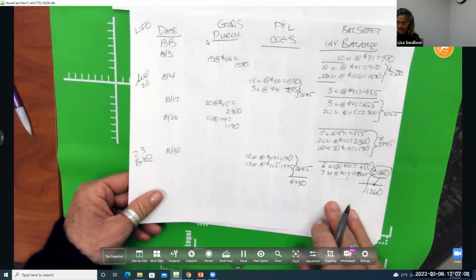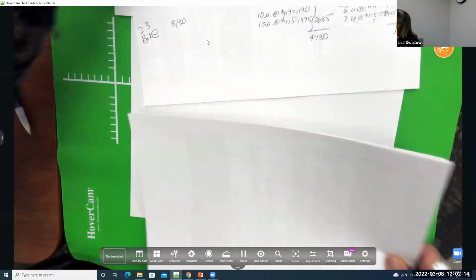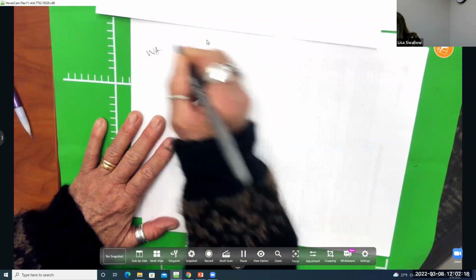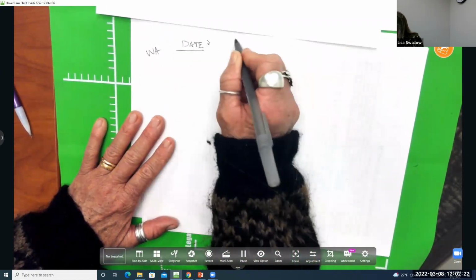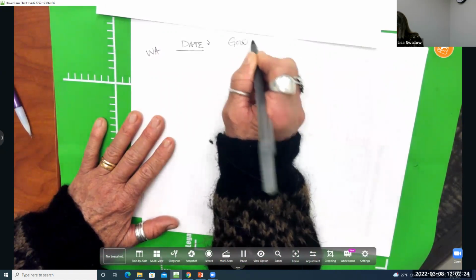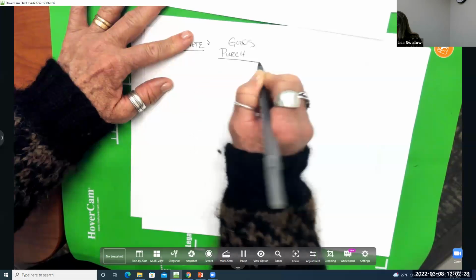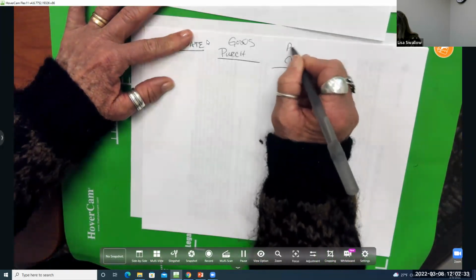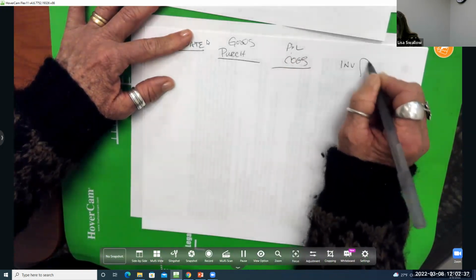Okay, last one, let's set up the same set of data for weighted average. I know this is time intensive, but this is really the only way to learn it. Let's set up purchase, COGS, and balance.